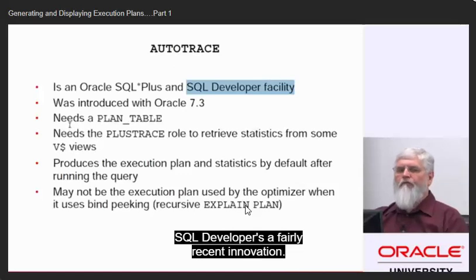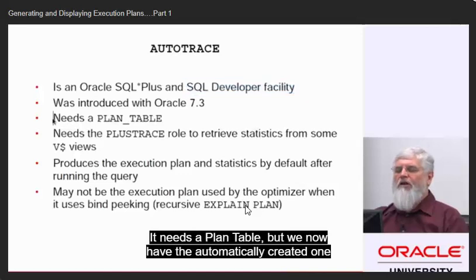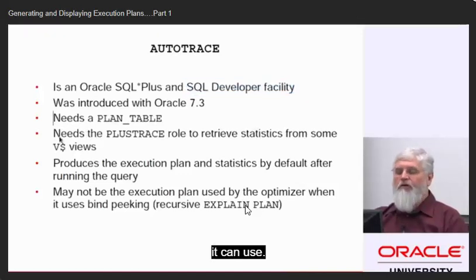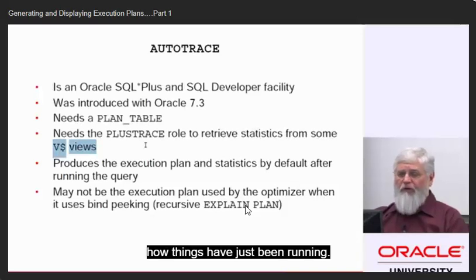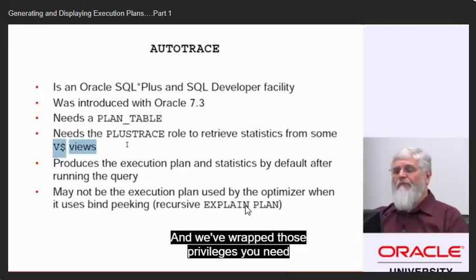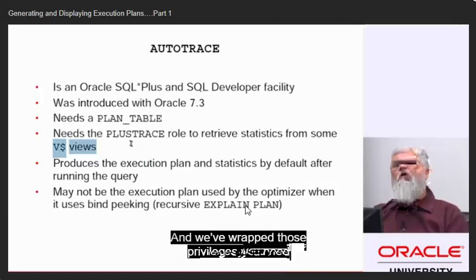We also need some privileges on some V$ views to get a look at how things have just been running. And we've wrapped those privileges into a role to make it easy for DBAs to give it to people. So we have the PLUSTRACE role that encapsulates those privileges.